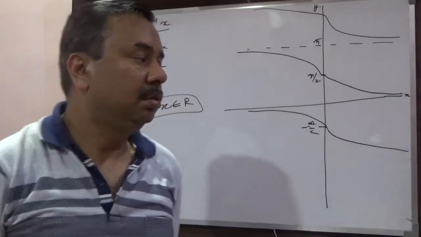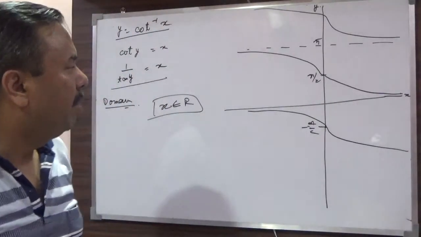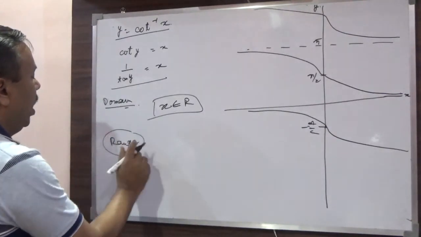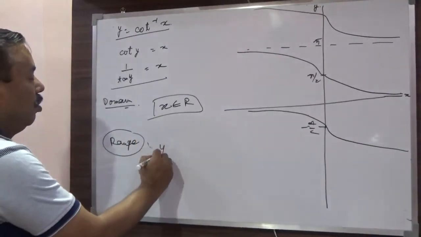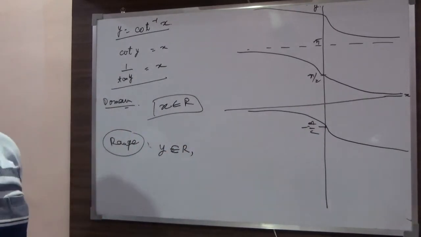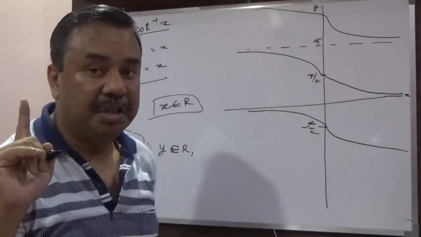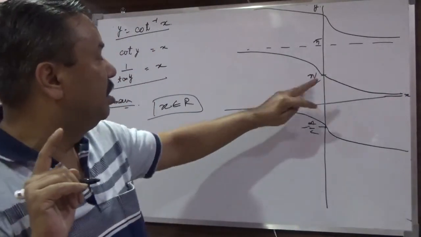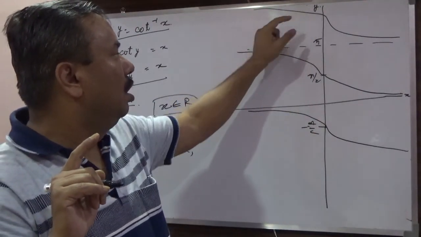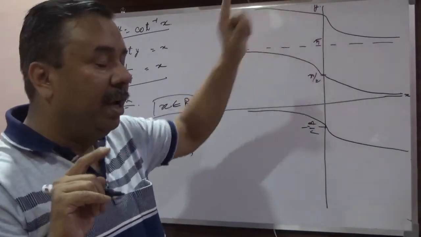But for some particular values, the value of y will not be defined. So y will belong to all real numbers subject to the condition for non-defined points. What are those non-defined points? It is 0, it is pi, it is 2 pi, and so on.